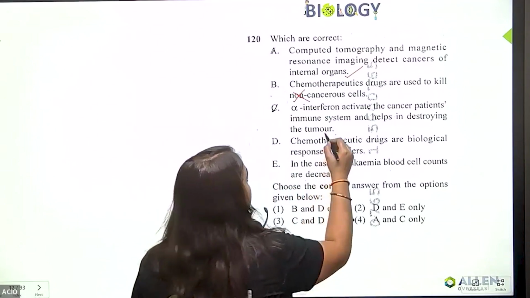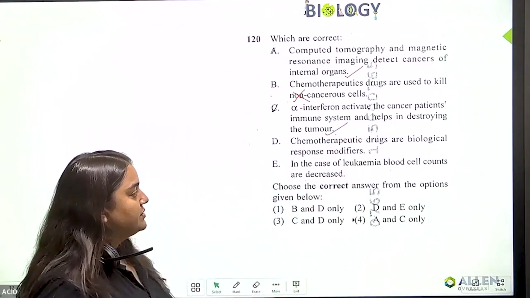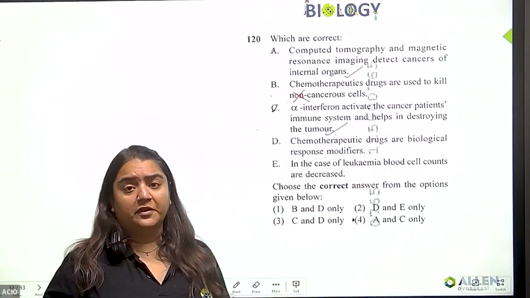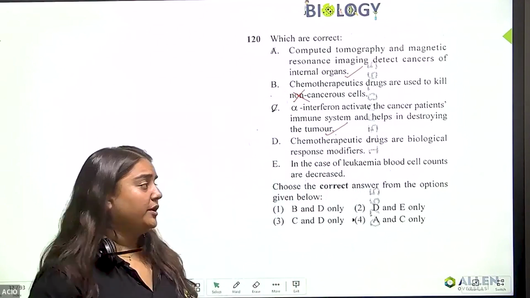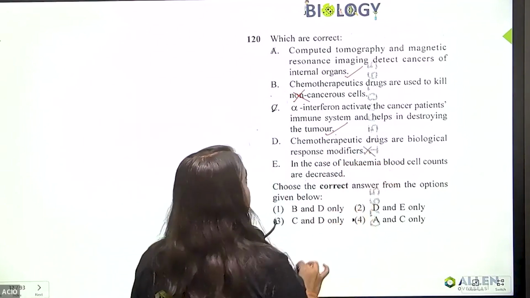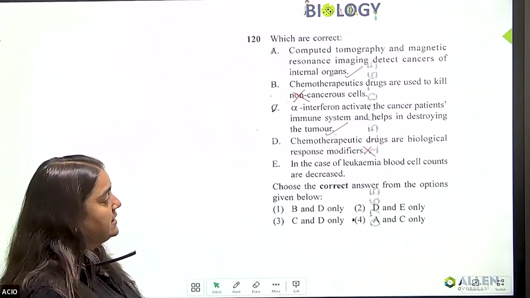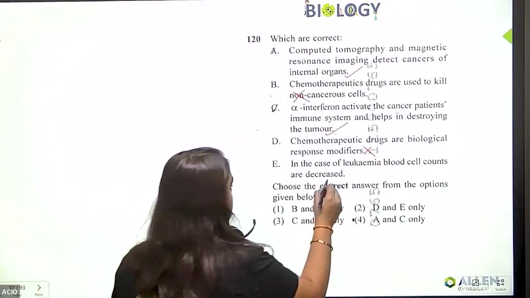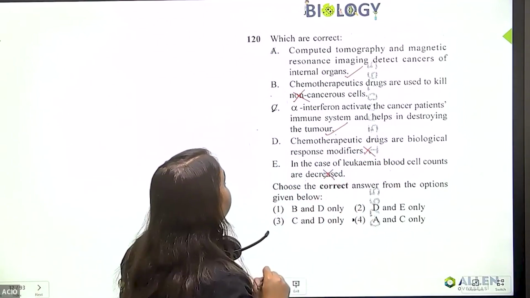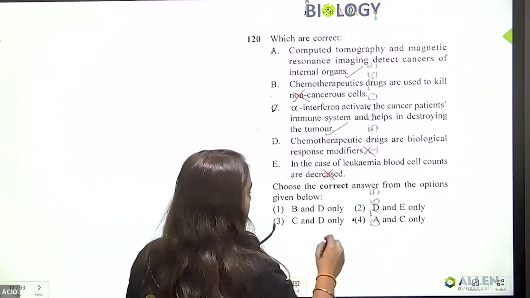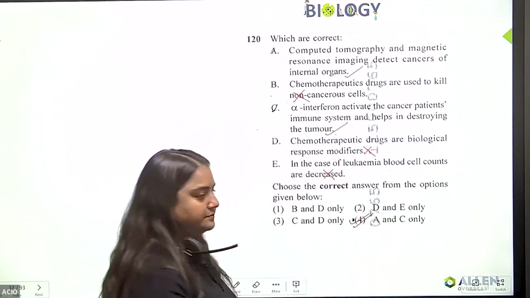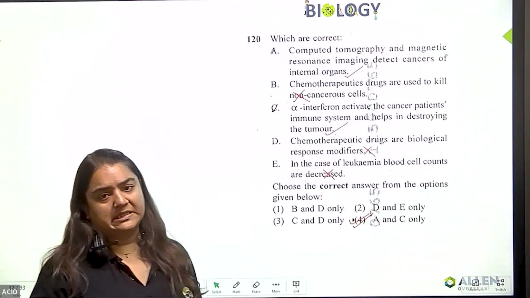That's a right statement. Chemotherapeutic drugs are biological response modifiers? No, they are chemical response modifiers. They are wrong. In the case of leukemia, blood cell counts are decreased? No, they are increased. So this is also wrong. So we have A and C. Yeah, fourth one. I hope till here everything is clear to you.